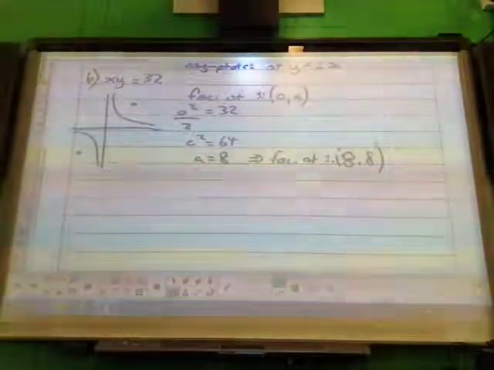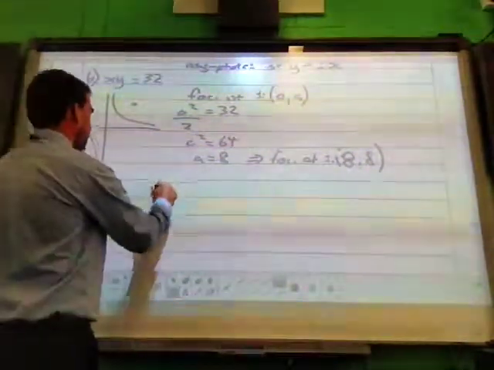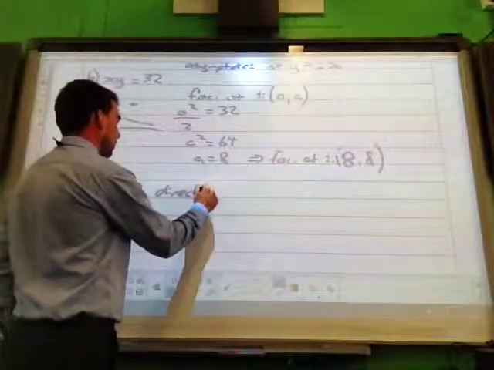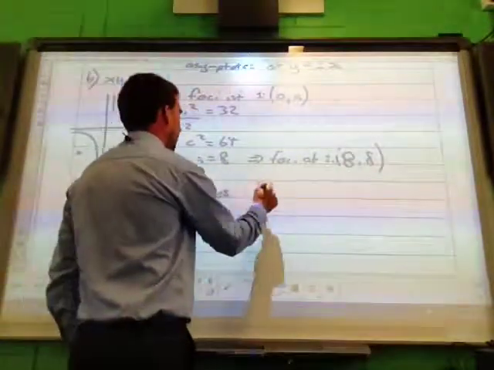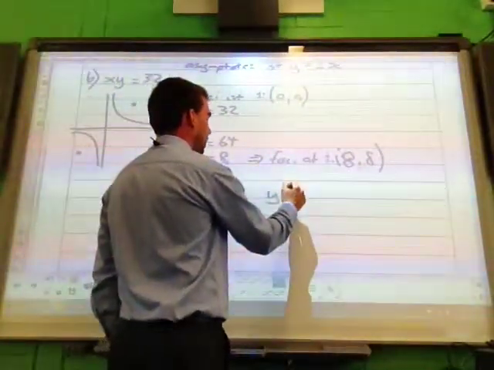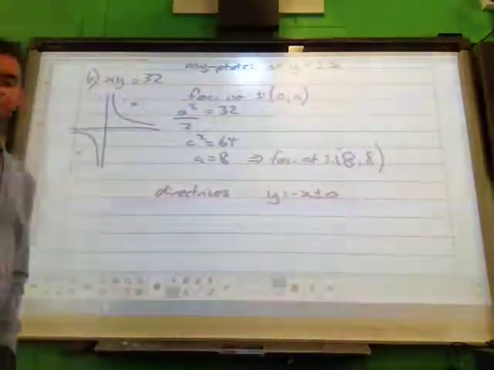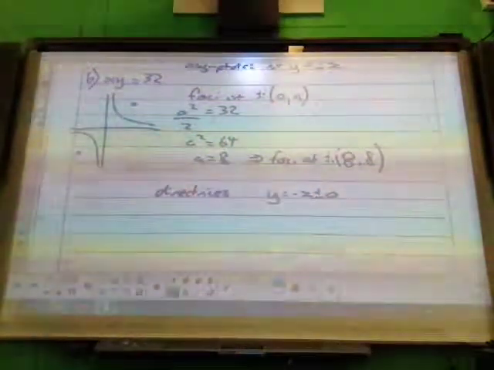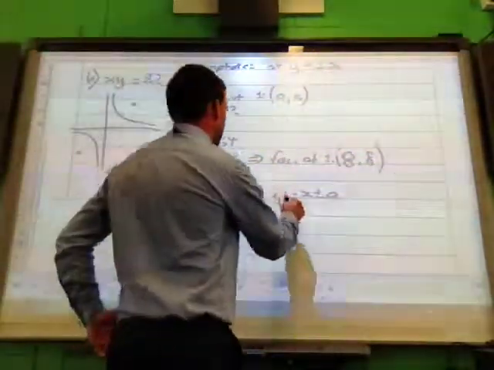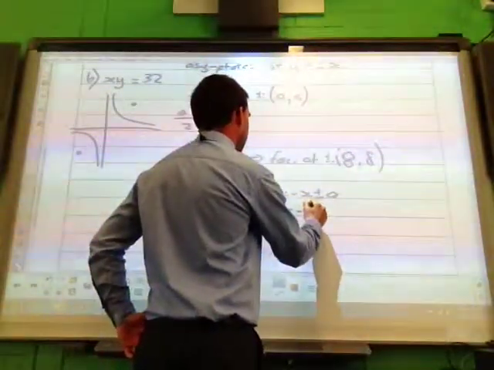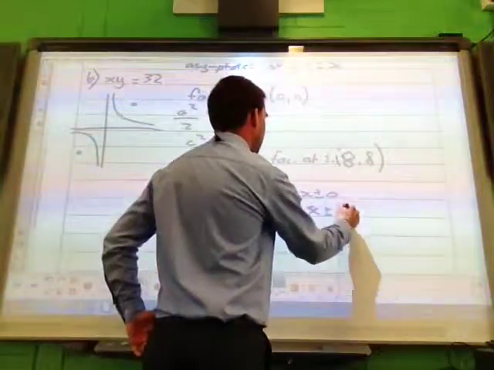So, foci at 8, 8. Okay, directrices. The equation was y is equal to negative x plus or minus a. So y is negative x plus or minus 8.